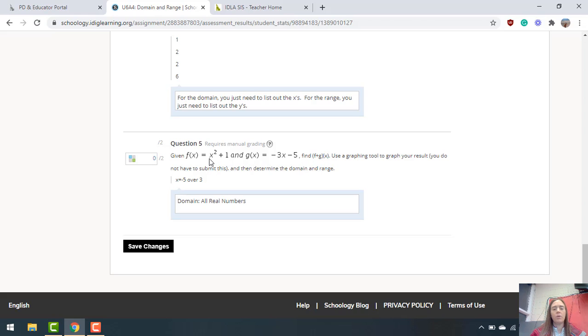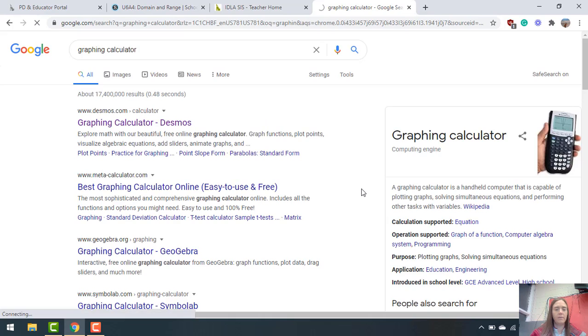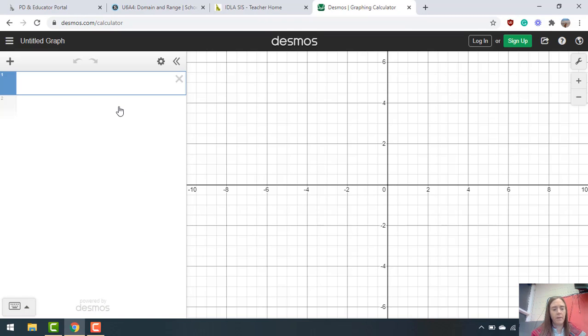Then you'd add these two, so you'd have x squared minus 3x minus 4, and then you would graph those on a graphing calculator. In fact, let me just find one online, and this is how easy it is to find a graphing calculator. Bam, there it is.